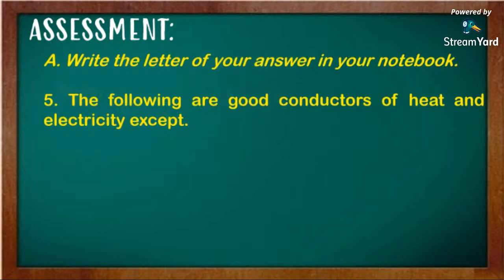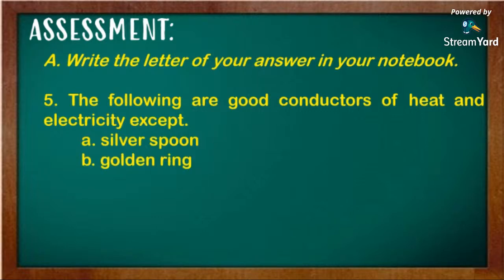Number 5. The following are good conductors of heat and electricity, except: A, silver spoon, B, golden ring, C, cotton, D, iron bar.